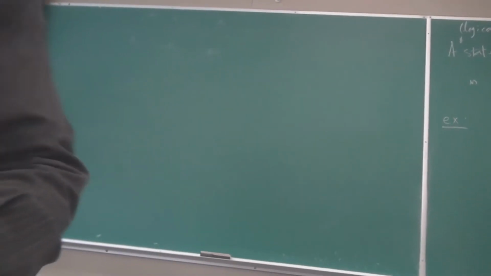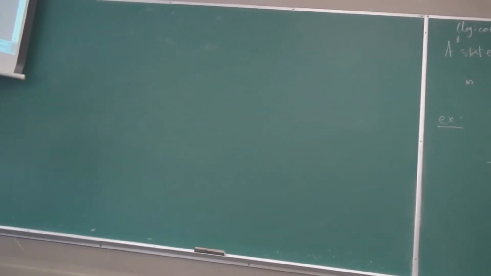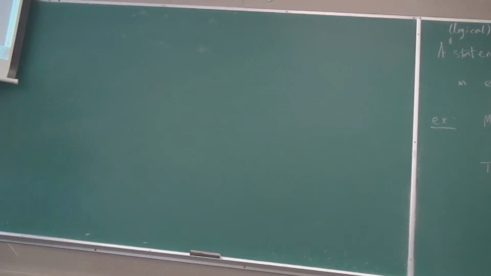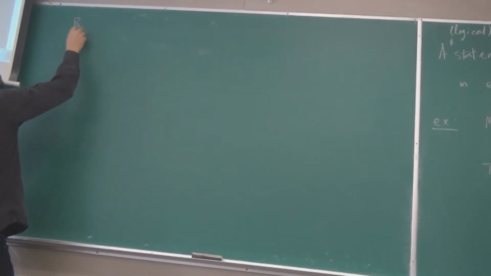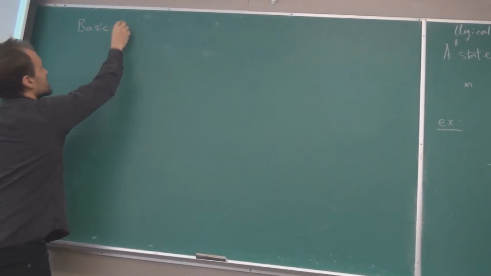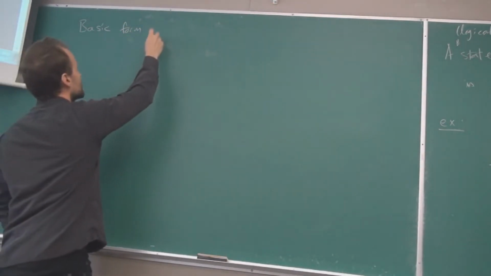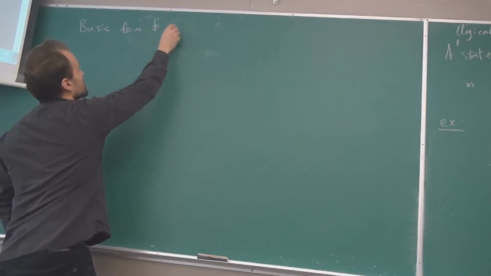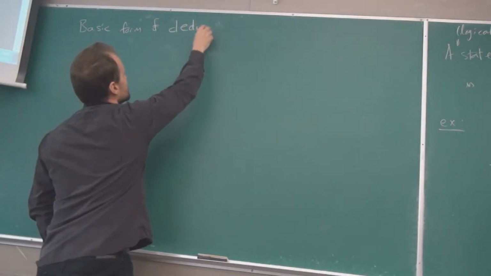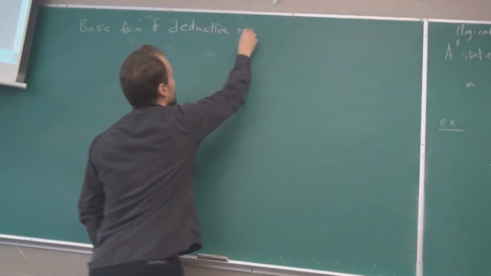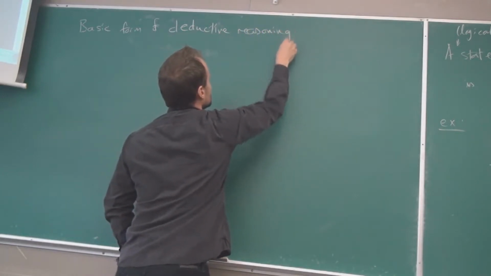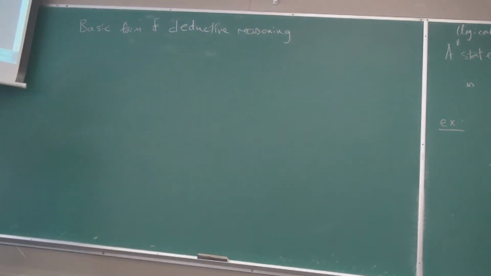What does deductive reasoning look like? Well, the basic form of deductive reasoning, or flow of how you can structure a basic argument, looks like this. There are many examples that you can use, but I like the following one.